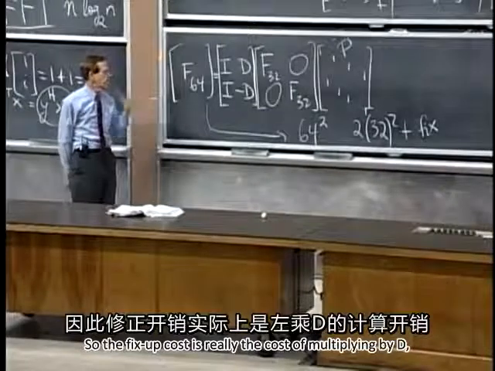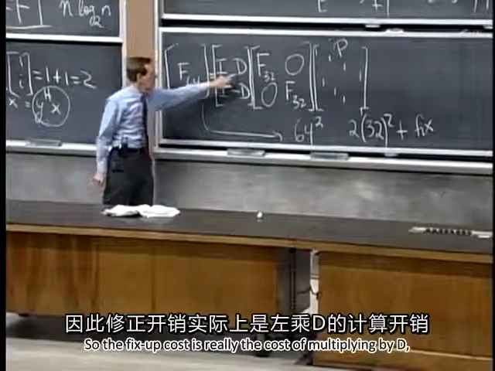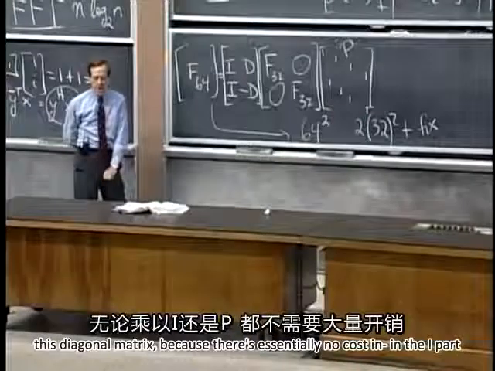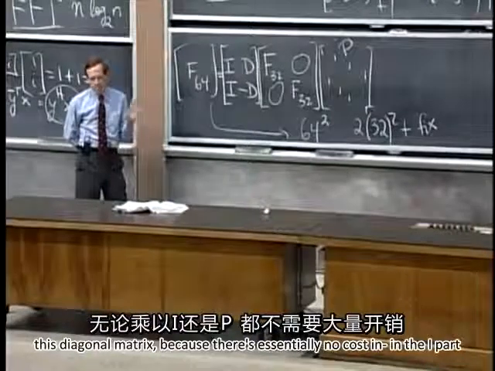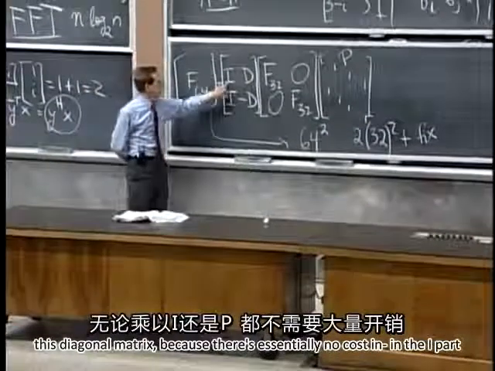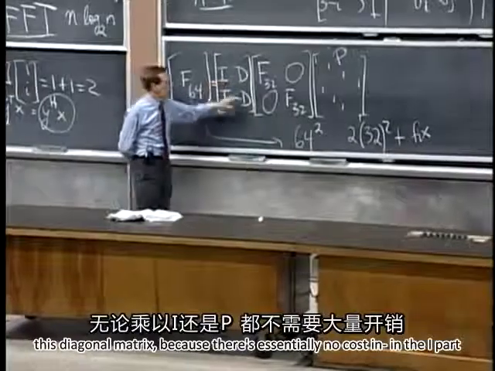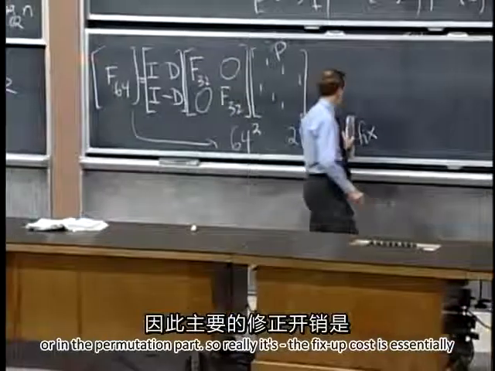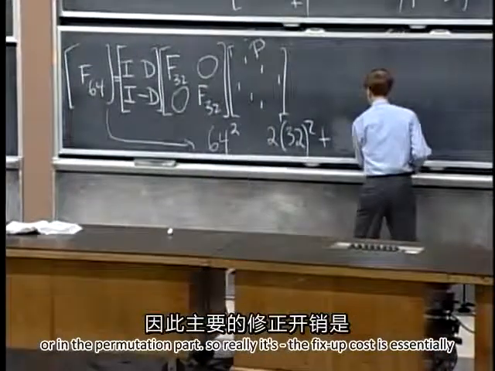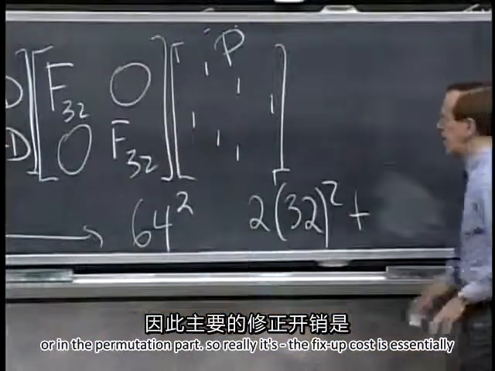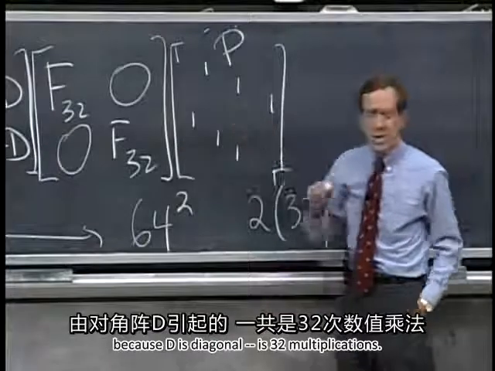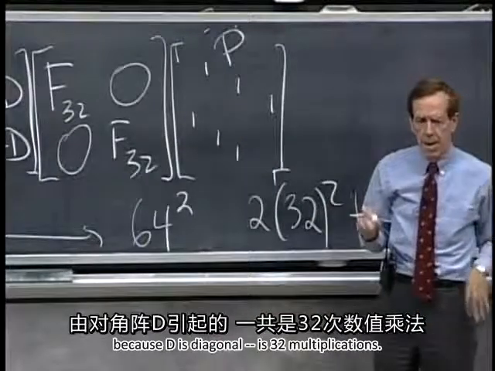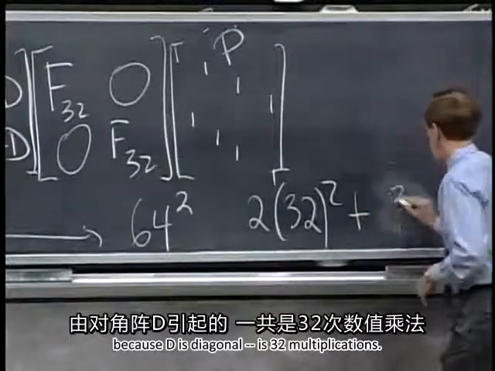So the fix-up cost is really the cost of multiplying by D, this diagonal matrix, because there's essentially no cost in the I part or in the permutation part. Because D is diagonal, it's 32 multiplications.